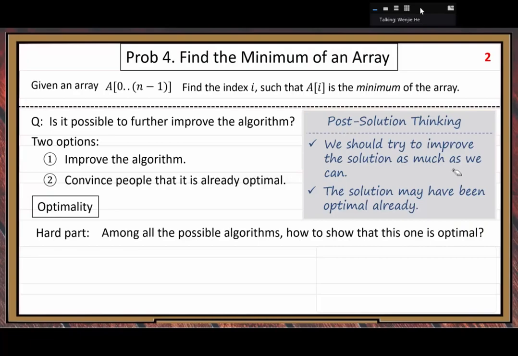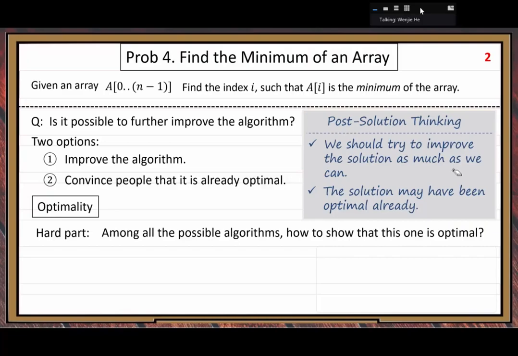That's the hard part, because nobody can exhaust all the possible algorithms. You don't know how many algorithms can be used to solve this current computing problem. Nobody knows that.